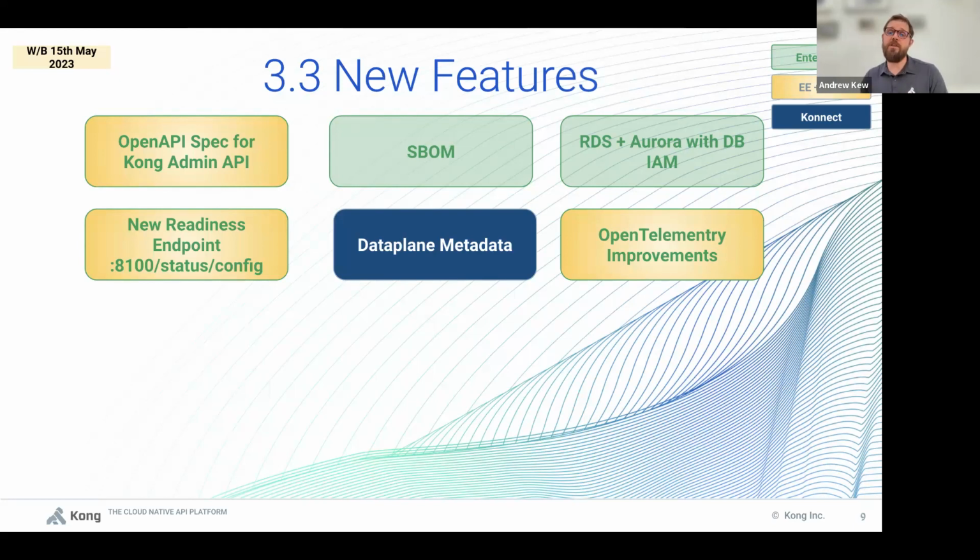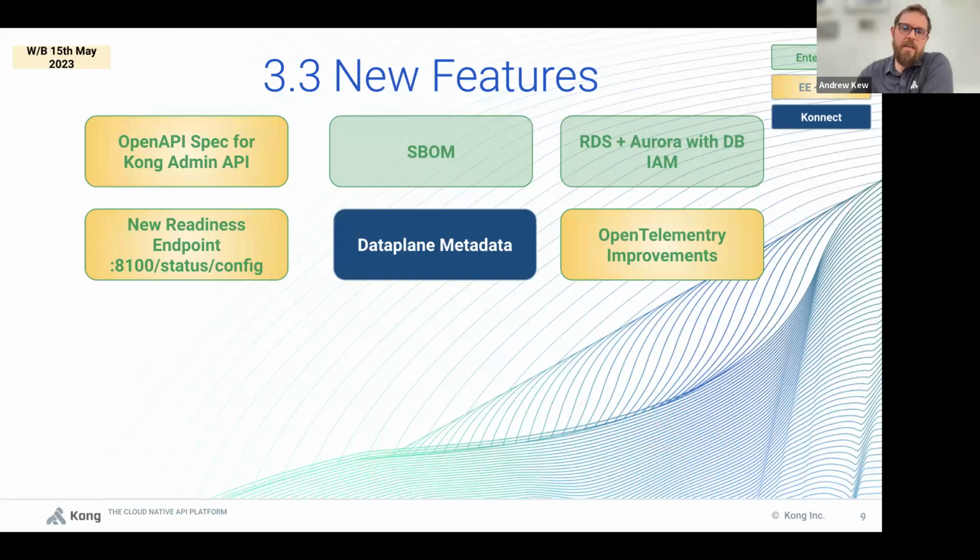You can effectively use the AWS credential management and IAM to manage the connection to the database and to RDS, Postgres, or Aurora. So I think some really great features added to Kong 3.3.